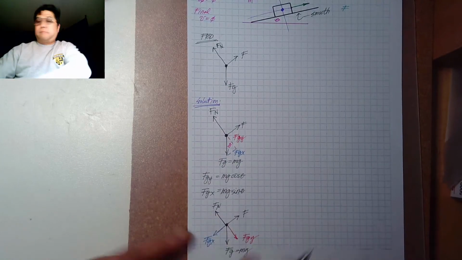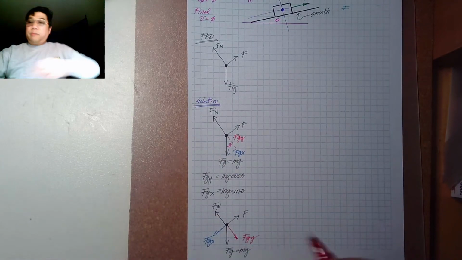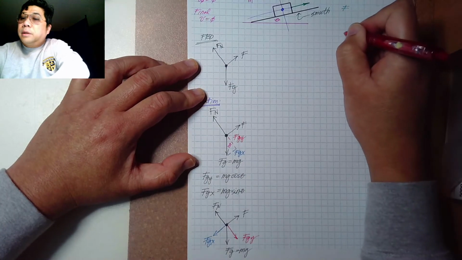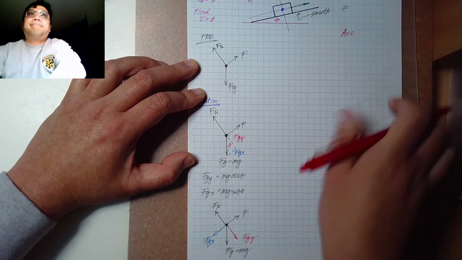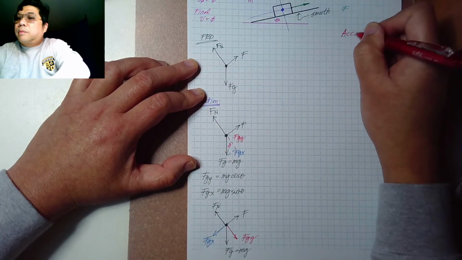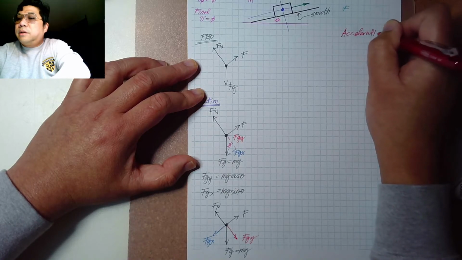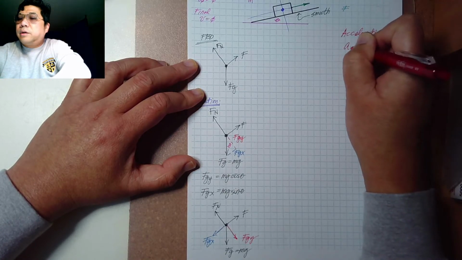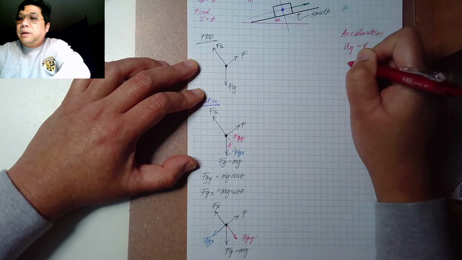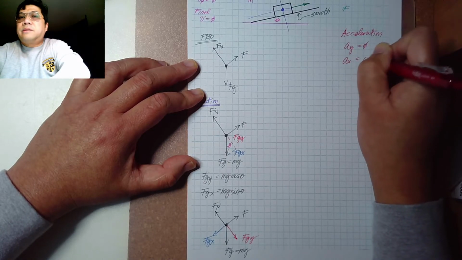As I mentioned earlier, acceleration on both axes: they're not moving, so the acceleration along the y-axis is 0. The acceleration along the x-axis is also 0.